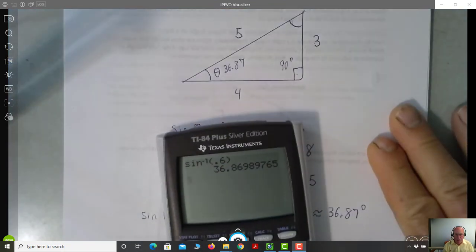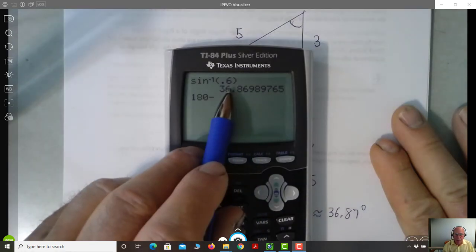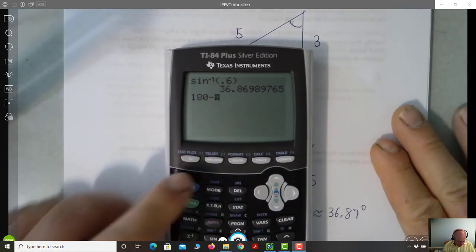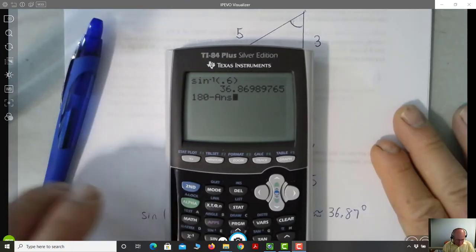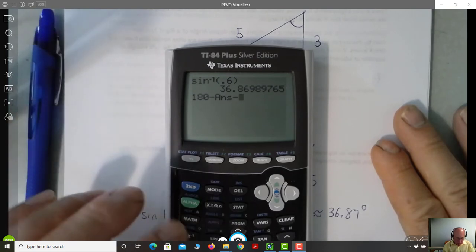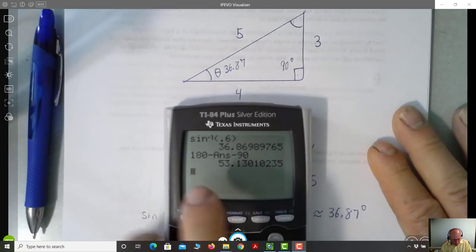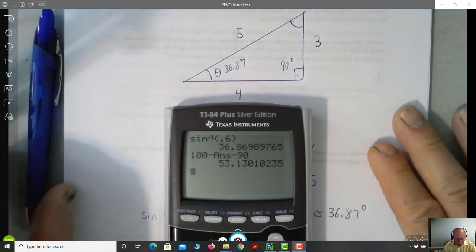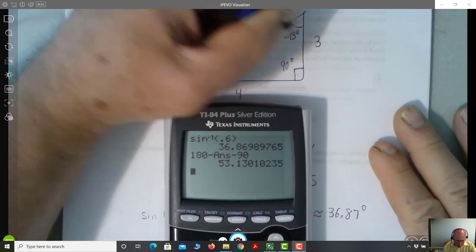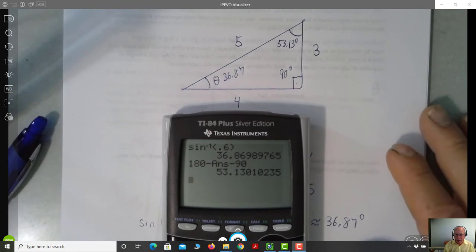So if we took the sum, 180 degrees, subtracted off this angle we just computed, then we can subtract off the 90 that we know that we have in the right angle, and we end up with 53.13 approximately. And now I know everything there is to know about that triangle.